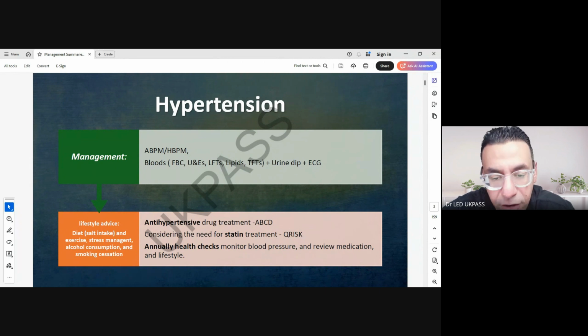However, as we've mentioned, if the patient has end organ damage, such as loss of vision or reduced vision, the patient needs to be seen on the same day in hospital. Okay, so for high blood pressure, 180 over 120, for example, without end organ damage, the patient can be monitored very closely in primary care.